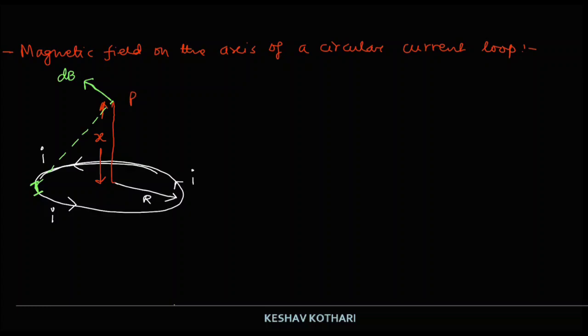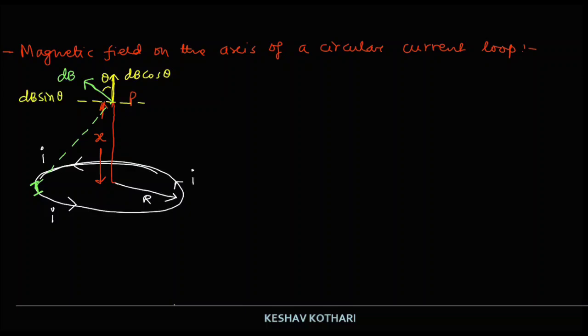And I can say that there will be two components of dB. One will be directed away from the circular current carrying loop and the other one will be pointing towards the left, or towards the negative x-axis direction. If I consider this angle as theta, this component will be written as dB cos theta, and the other component will become dB sin theta.